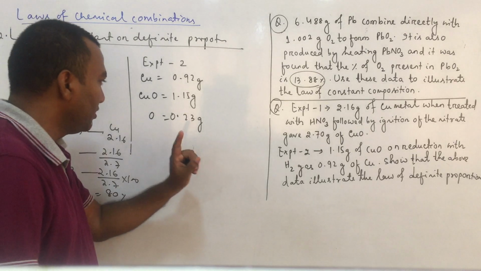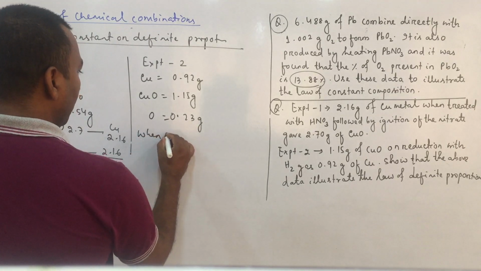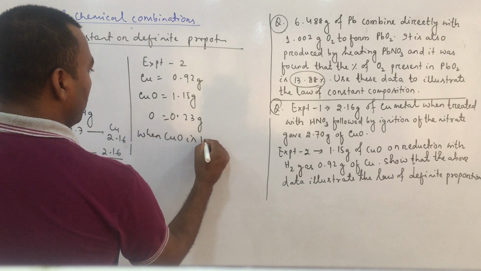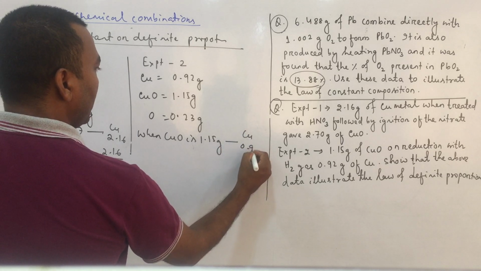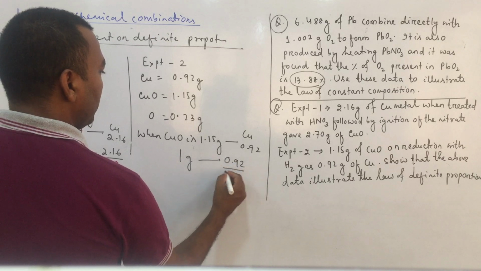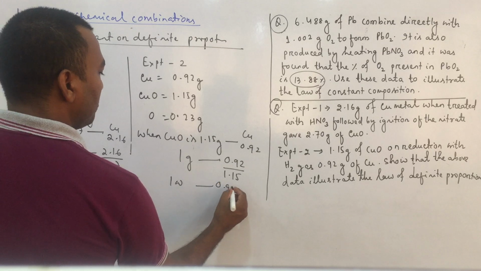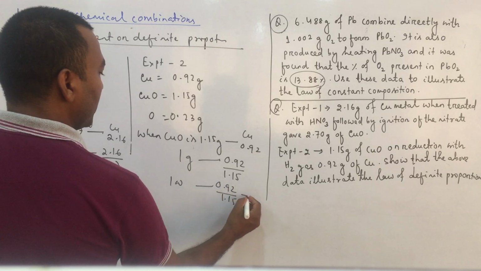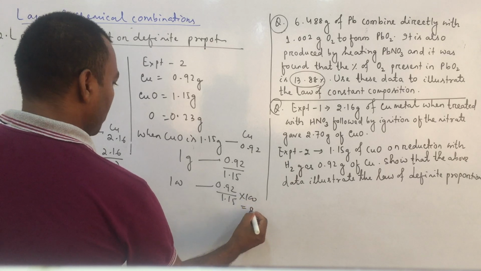Clear now? Similarly here, when copper oxide is 1.15 gram, copper is 0.92 gram. When it is 1, it is 0.92 by 1.15. When it is 100, it is 0.92 by 1.15 into 100, which is also 80.